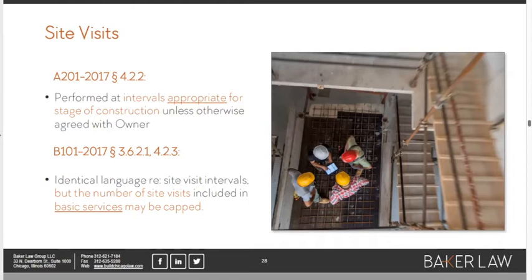I hope that you can see how this document sits between the relationship of the owner, the architect, and the contractor. And so now we're going to shift gears and we're going to spend the rest of the time in this presentation talking about specific provisions in the general conditions.